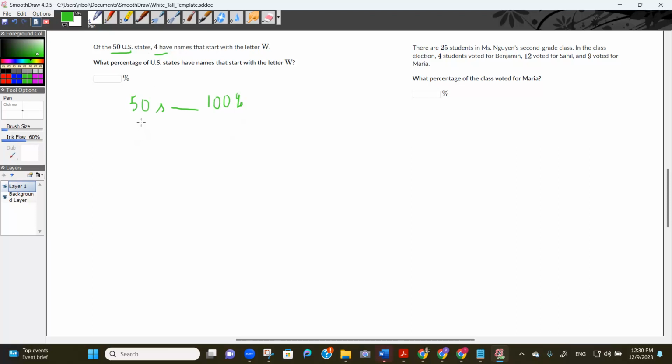And then it's basically saying, all right, now we have 4 states, and what we are trying to find out is the percentage of this. So can you see that we are setting up, again, the rule of 3, really easy to solve. So it would be 4 times 100 divided by 50, and that is going to give us the answer.